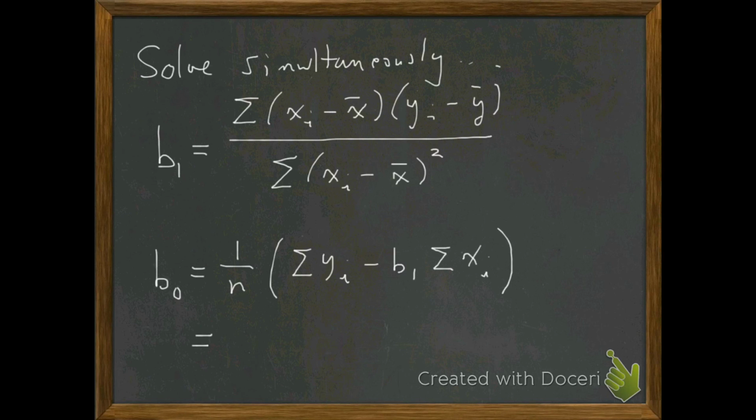So if we distribute our sum of y, so this is just going to be y bar minus b1 times x bar. So let's put these on the back burner, and we'll start out. Actually, I think I'm probably about out of time on this. See what my time looks like.